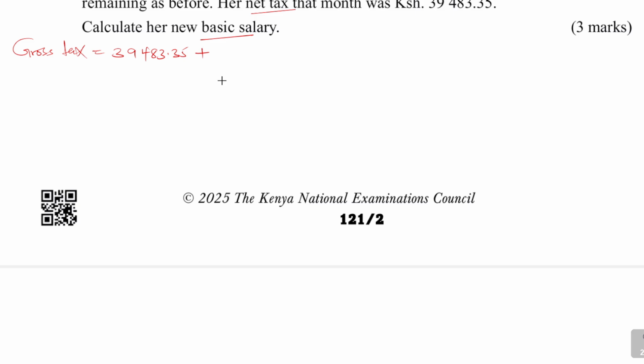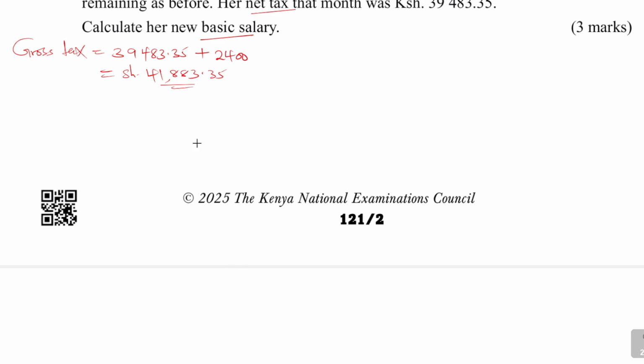We add 2,400, and when you add these, you get 41,883 and 35 cents. So this is what we need now to work with.